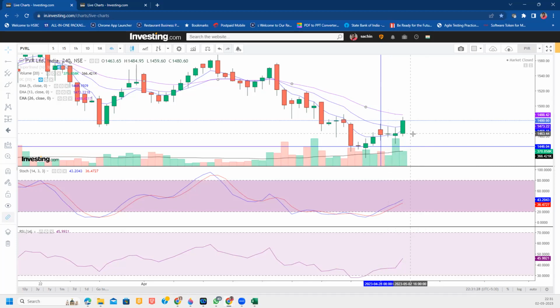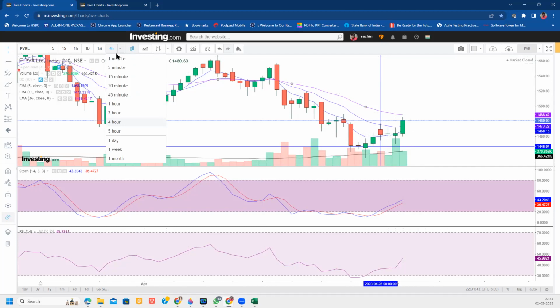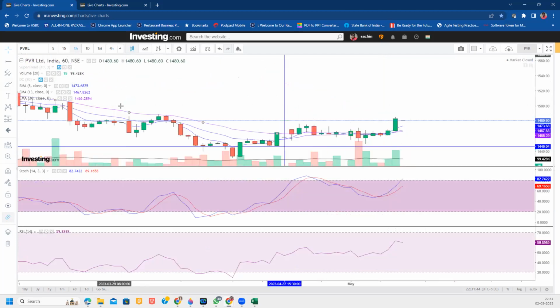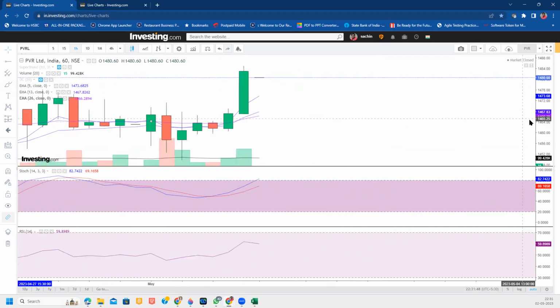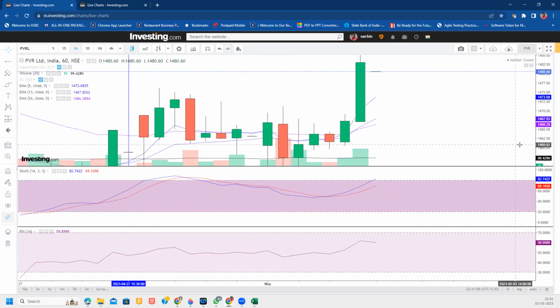But at the same time, if someone wants to trade with too much aggression, maybe considering the intraday, I will enter today and make an exit based on whatever the market does. So we can even reduce the time frame from 4 hour to 1 hour. Based on that, you see the positive crossover has already happened.